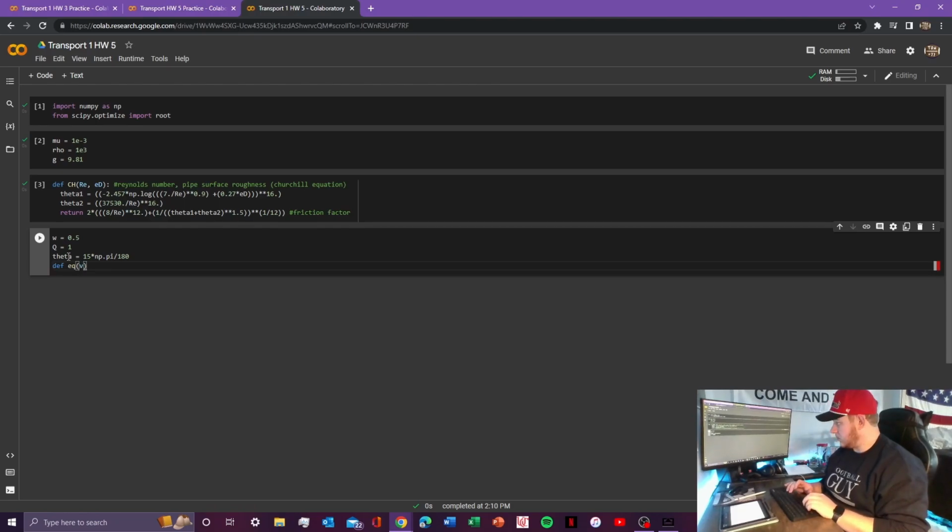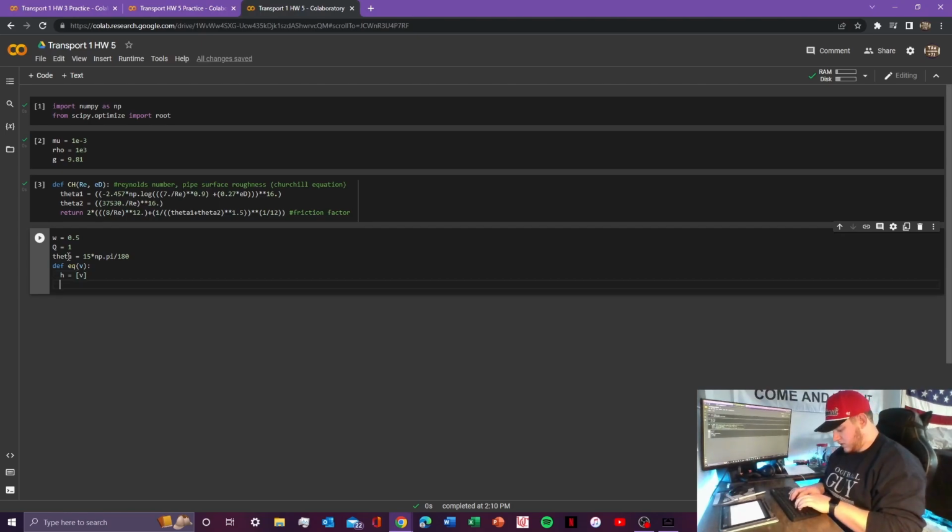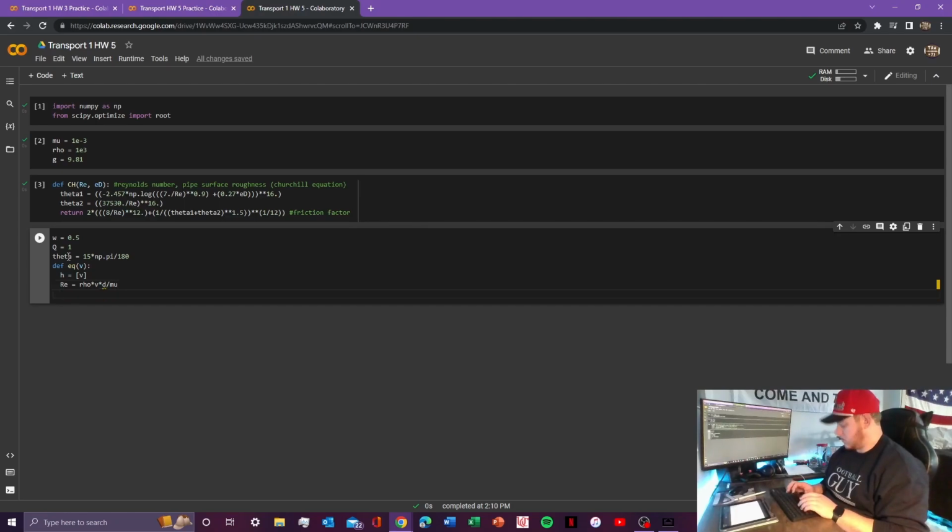That's just going to be V as our vector. Let's take 0 out of this. The Reynolds number is equal to rho times V times D divided by mu. What else? F is going to be the Churchill equation.